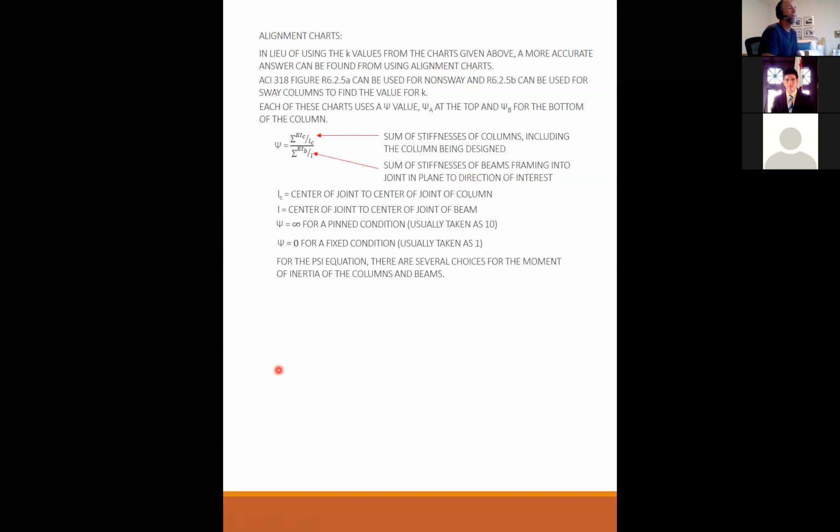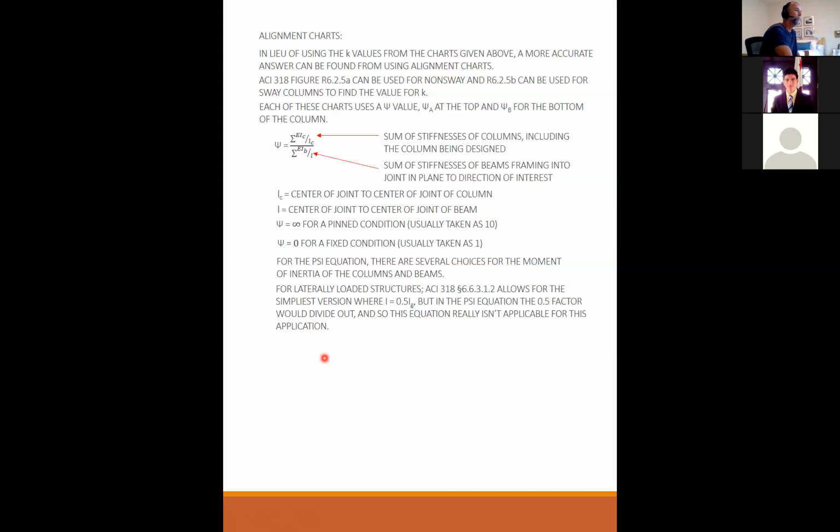So we have to account for that in some way. For laterally loaded structures, ACI 318 section 6.6.3.1.2 allows for the simplest version where I is equal to half of I gross. But in the psi equation, the half factor would divide out, and so this equation really isn't applicable for this application. So we need something a little better than that.